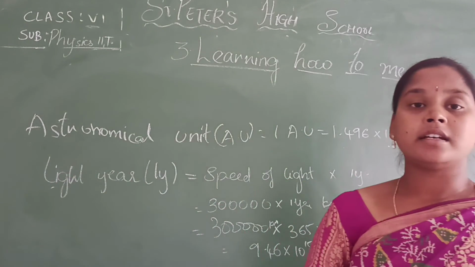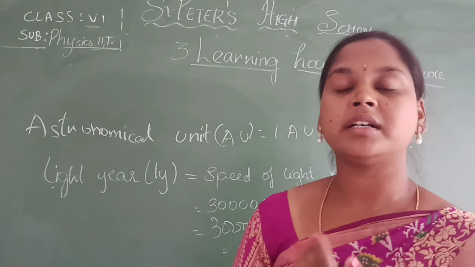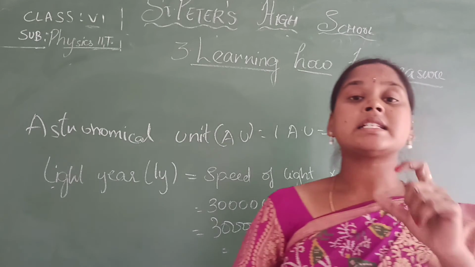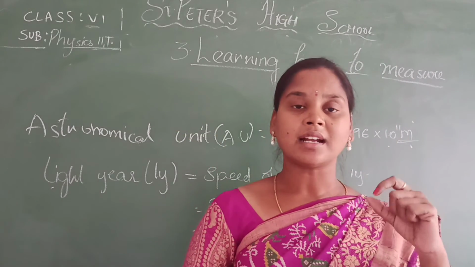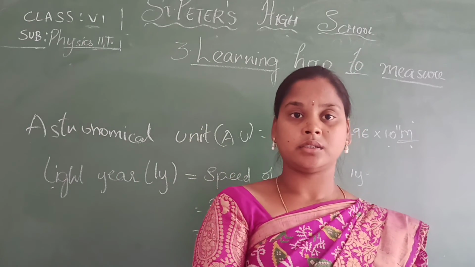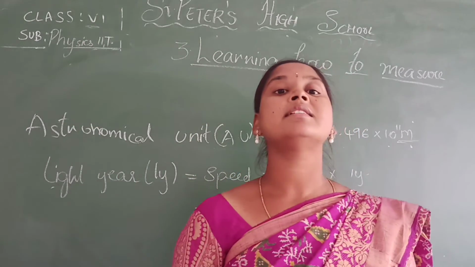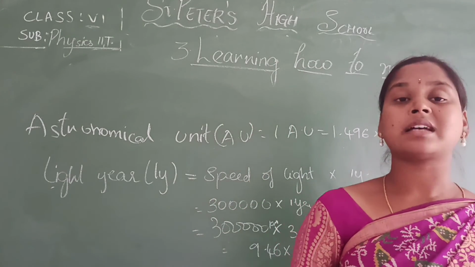So here light year, do you know light travels? We are getting sunlight on the earth, so it is taking some time to reach from the sun to the earth. With how much speed it is moving is called the speed of light.